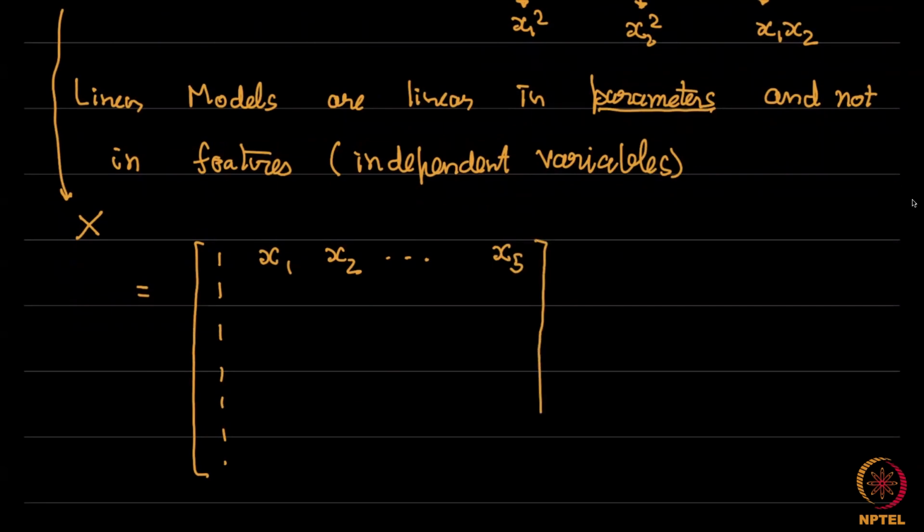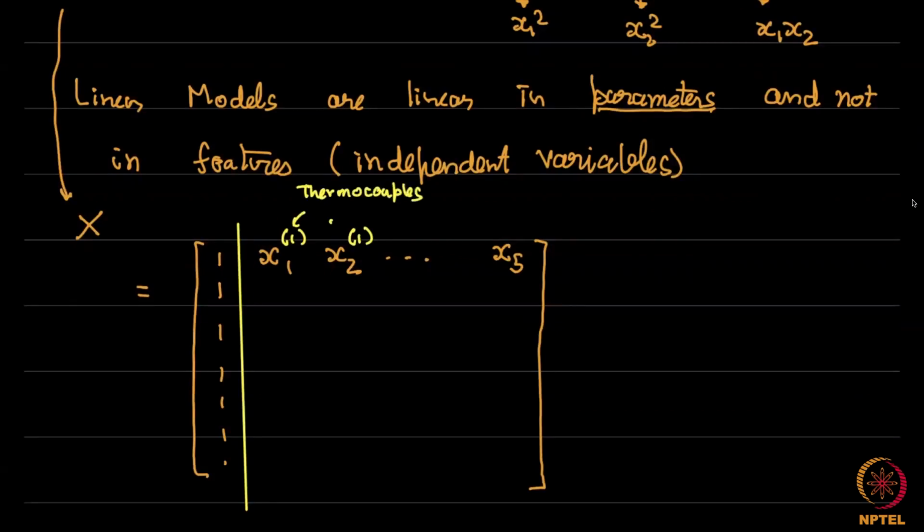Remember, these are just columns of our Excel sheet, except for this first column. This first column is just added, tacked on, just to make the matrix multiplication work well. So after that, this will be x1 at the first point. This will be x2 at the first point.